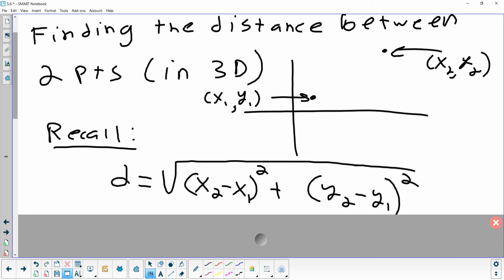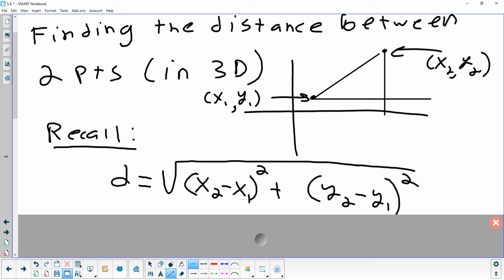What you really end up doing is making a triangle out of it, like this. There's my triangle. Connect the 2 points, and you're finding the length of the bottom side.